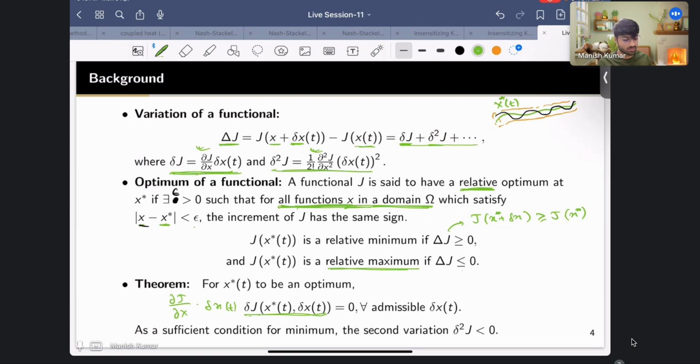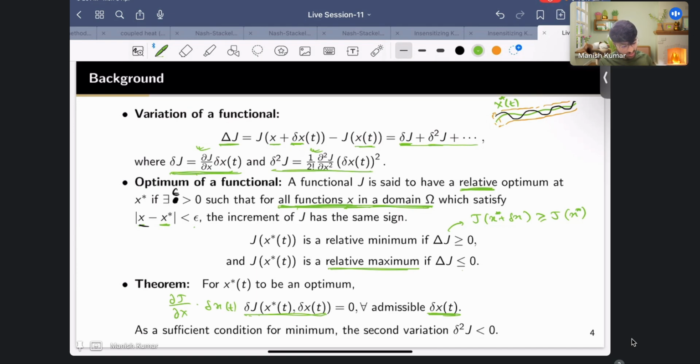That is, the first derivative should be 0, for all admissible delta x, meaning for all perturbations. Admissible here means that it should be in the epsilon neighborhood, that's all.